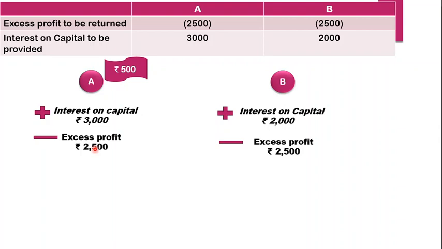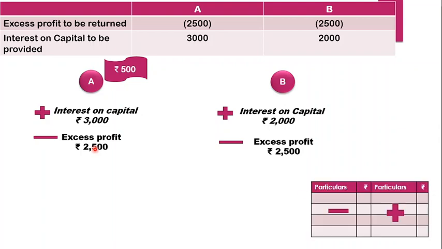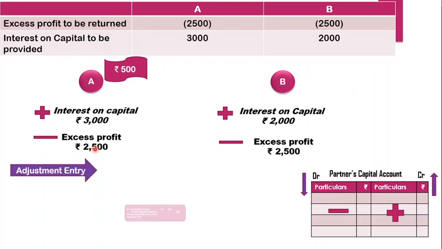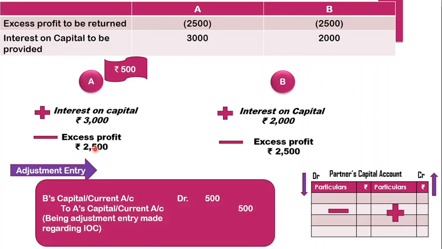So who is paying now? B. If B is paying, his account will decrease. Just see the partner's capital account: the debit side is your decrease and the credit side is your increase. So if B is paying, his account will decrease, or I can say B will be debited and A is going to be credited because he is going to receive this money.